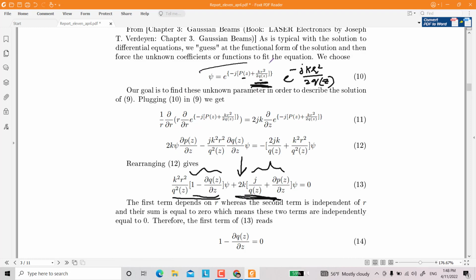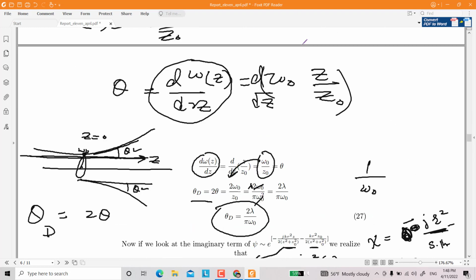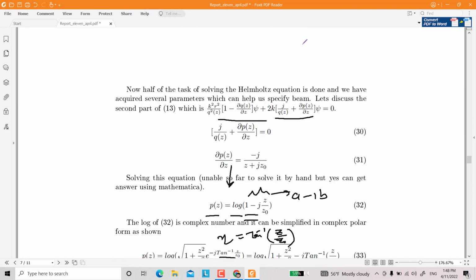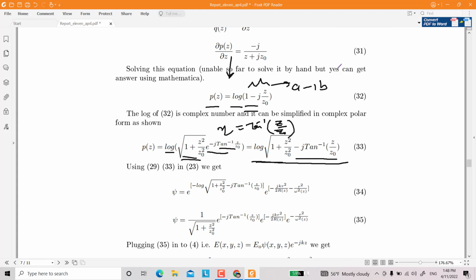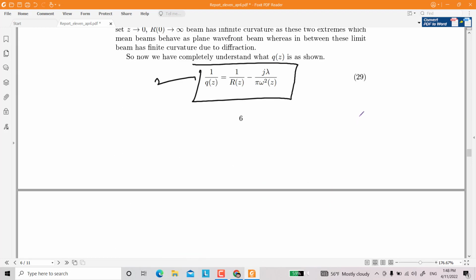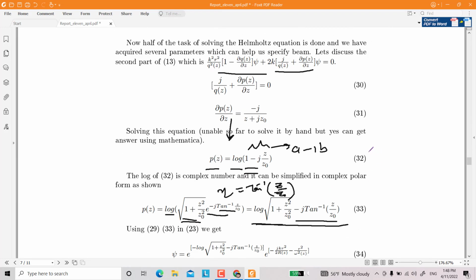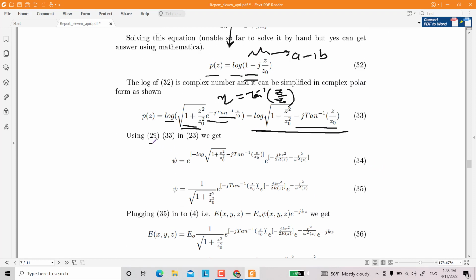Yeah, here. If you put the value of P of Z and Q of Z here from equations 29 and 33, and 23, which is our Gaussian solution, we come up with this term, right?